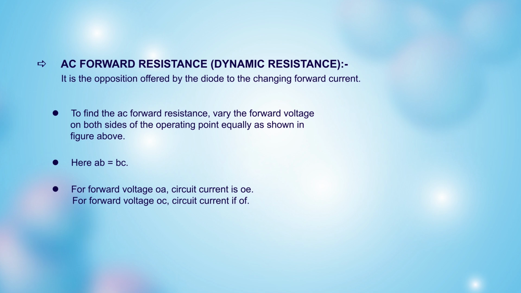That means, to obtain the AC resistance of a diode, suppose we select an operating point P. For that the voltage is OB, and with respect to that the current is OE. To obtain the AC resistance, we move the voltage forward and backward.